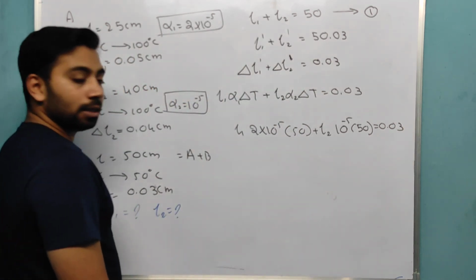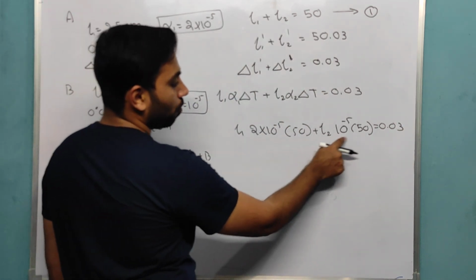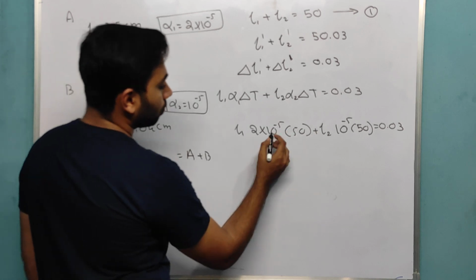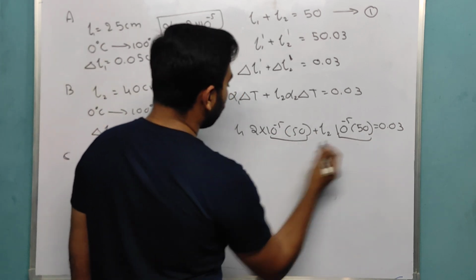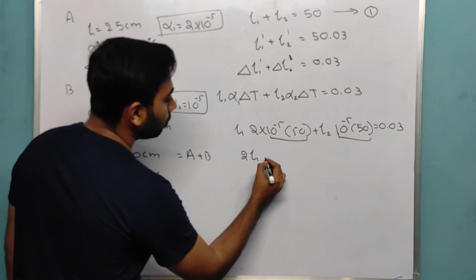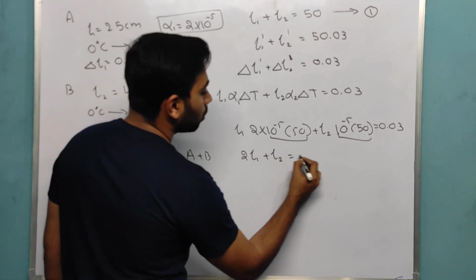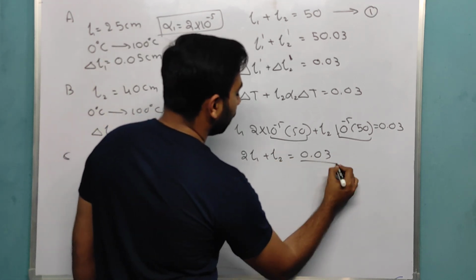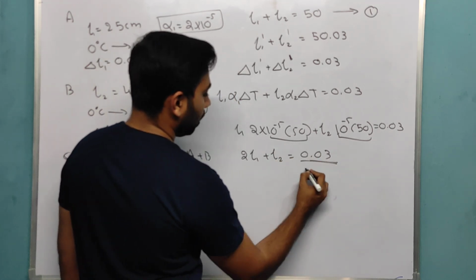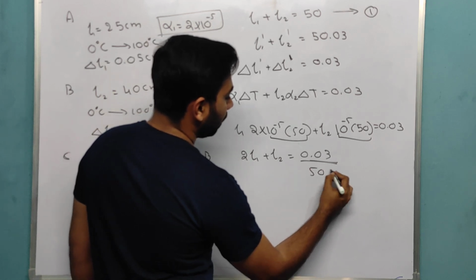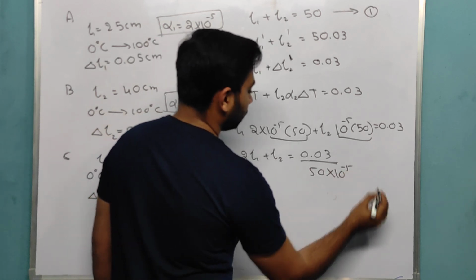Alright, fine. Now see here, this one and this one are common in both. So can I write 2L1 plus L2 equals 0.03 divided by 50 into 10 to the power of minus 5?